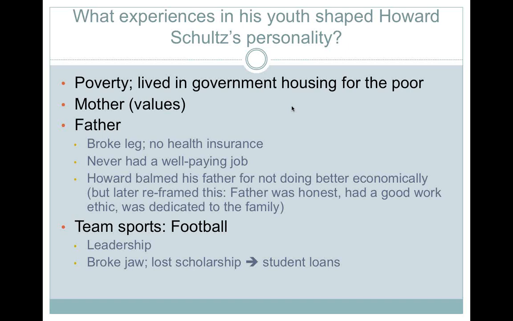His father breaking his leg and not being able to work, and there being no health insurance for them. And then Howard, when he thought that he had achieved something great by getting a football scholarship, in his first year he breaks his jaw and he loses his scholarship. So he has many challenges growing up.